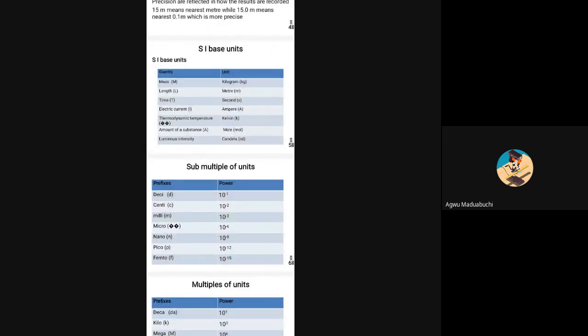Okay. So the SI base unit, can you read slide 5? Slide 5.